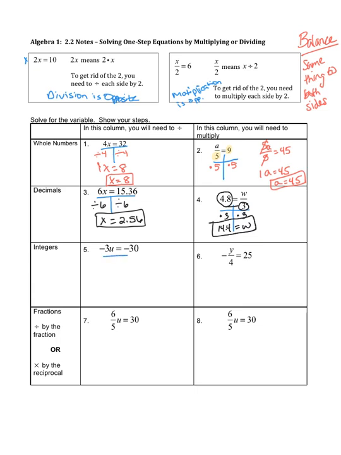All right, integers. The process is the same. We are still multiplying and dividing. And if you've noticed, at the top of this left column, it says, in this column, you will need to divide. All right? So that's what we're doing. We have -3 times u equals -30. We're dividing by -3, both sides. Well, remember what we talked about in Unit 1.